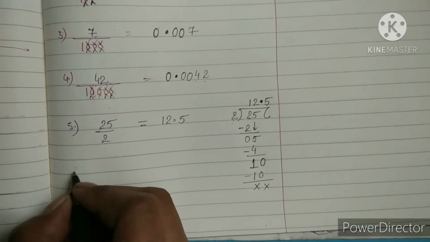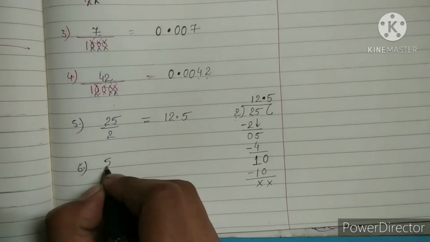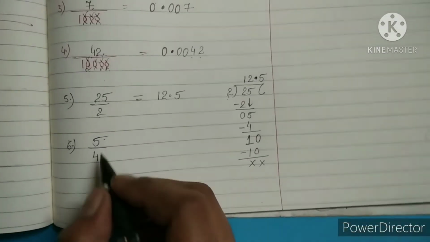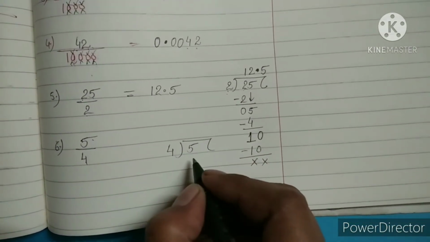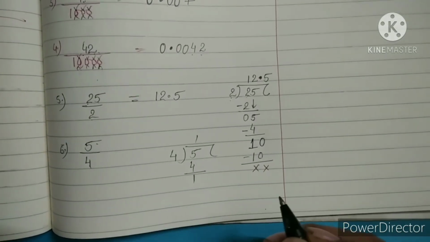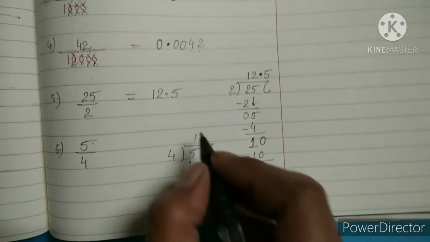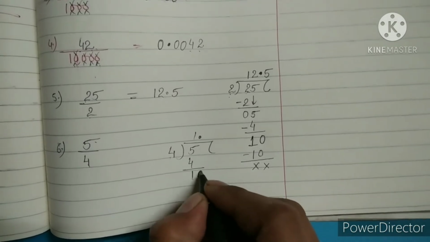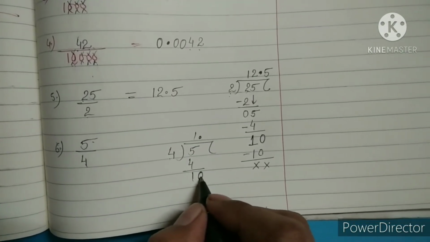One more example we can see. If we have to divide 5 by 4, it means 5 will be divided by 4. 4 1s are 4, 1 is remaining. Now we can't divide 1 by 4, that's why we put a decimal here. Now 0 will come here. Because of the decimal we can start putting zeros.